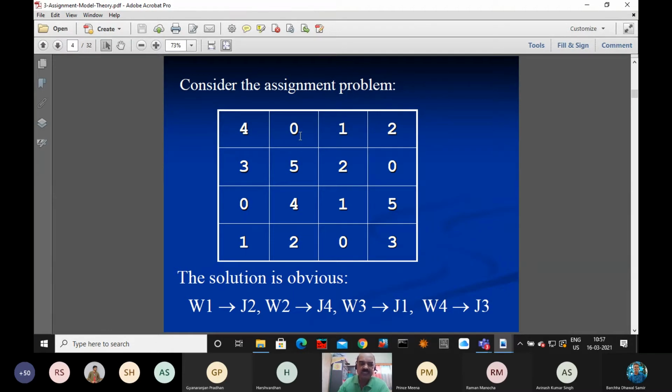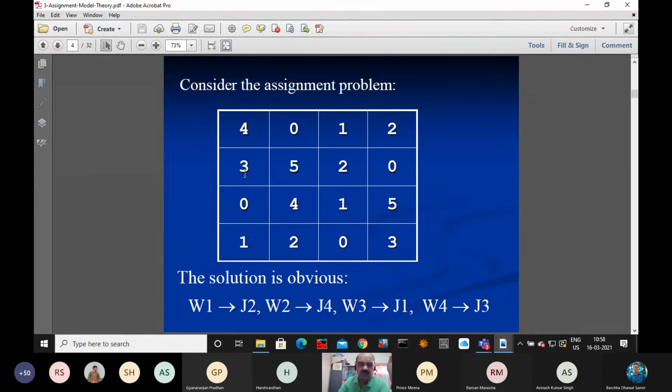Okay. And similarly, we assign worker 2 to job 4. Then we assign worker 3 to job 1. Then we assign say worker 4 to job 3. Now, once we have assigned W1 to J2, the variable with respect to this point is x12 equal to 1.